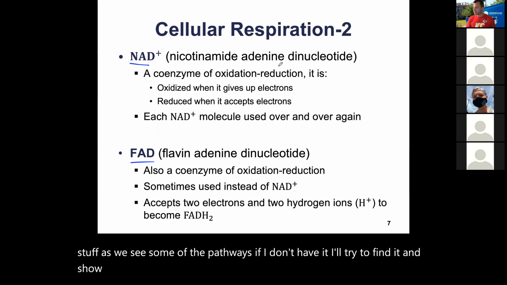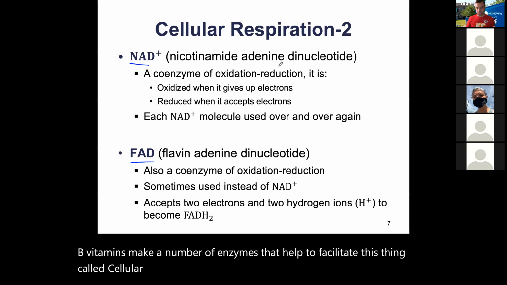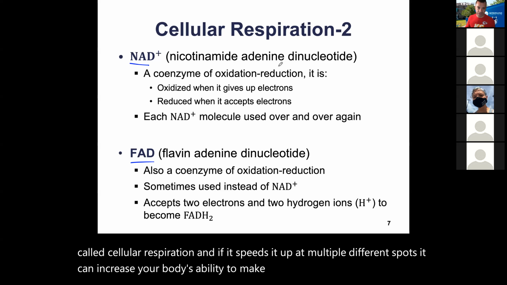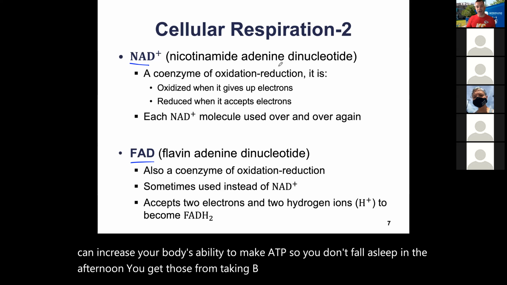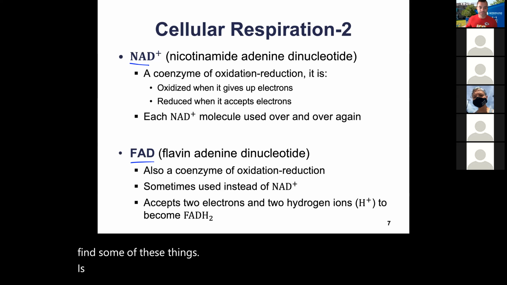But B vitamins make a number of enzymes that help to facilitate cellular respiration. And if it speeds it up at multiple different spots, it can increase your body's ability to make ATP so you don't fall asleep in the afternoon. You get those from taking B vitamins. So that's where you find some of these things, okay?